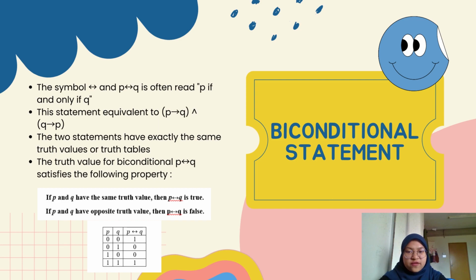If P and Q have the same truth value, then P if and only if Q is true. If P and Q have opposite truth values, then P if and only if Q is false. We need to make the truth table for P 0011, Q 0101, P if and only if Q 1001.